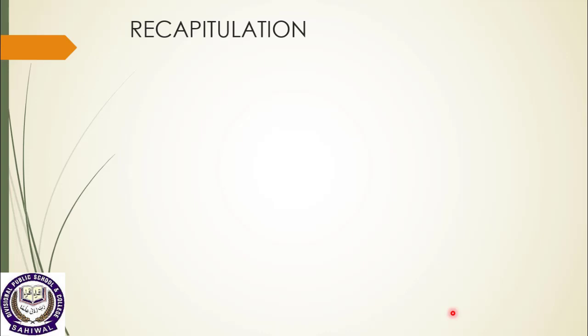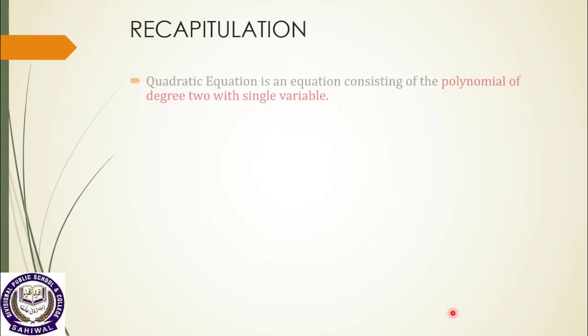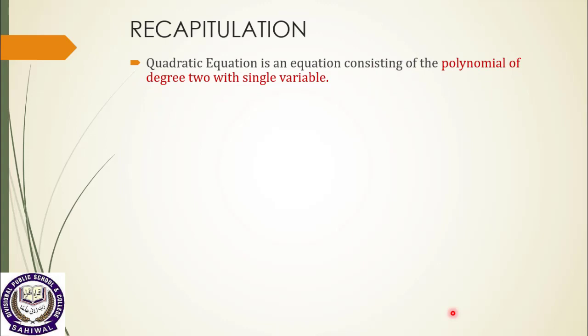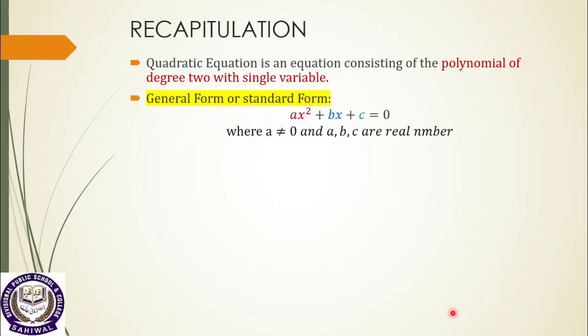Now, we summarize our today's lecture. The quadratic equation is an equation consisting of the polynomial of degree 2 with single variable. The general form or the standard form of the quadratic equation is ax square plus bx plus c equal to 0.